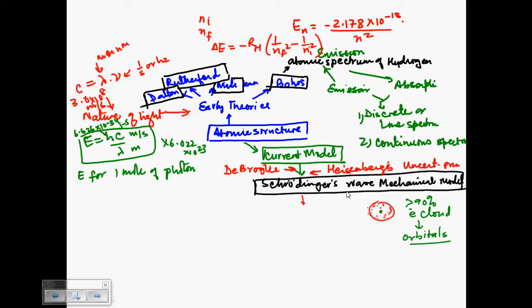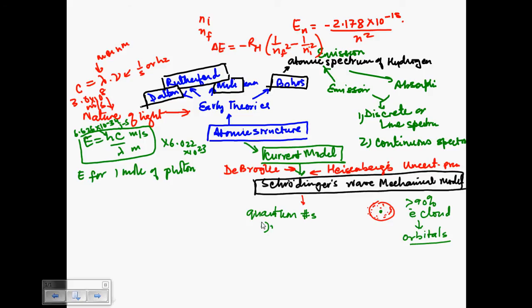He got three functions for it. Each function pointed to a characteristic of electron or orbital in which the electron is present. And these functions, after solving wave equation, were called quantum numbers. And each pointed to a particular property of electron or the orbital in which the electron was present.